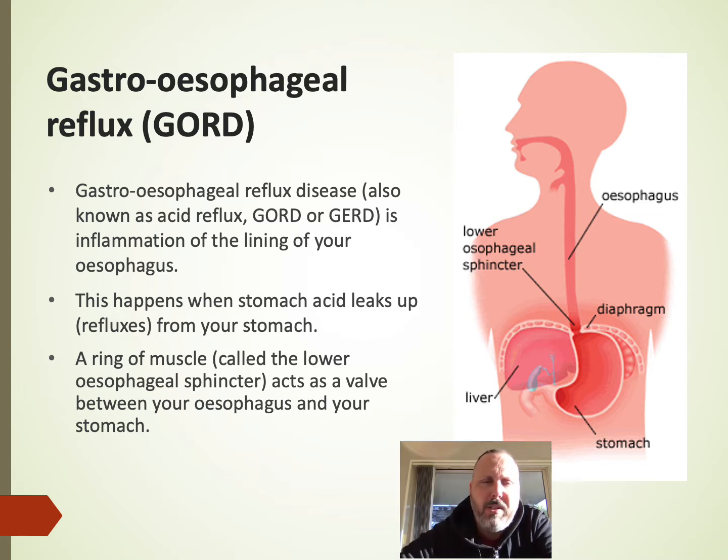There's a ring of muscle called the lower esophageal sphincter that acts as a valve between the esophagus and your stomach. So if that valve is leaky, it allows acid from your stomach up into the esophagus and obviously inflames and irritates it. So that's essentially, in a nutshell, what it is.